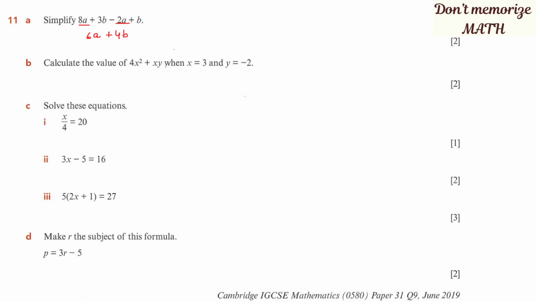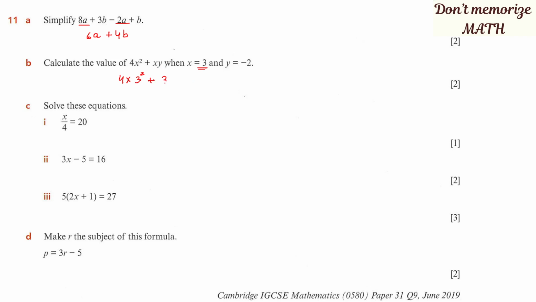Okay. Calculate the value of 4x square plus xy when x is equal to 3 and y is equal to minus 2. So let's calculate it. 4 times x square. X is 3, so x square means 3 square, plus x times y.